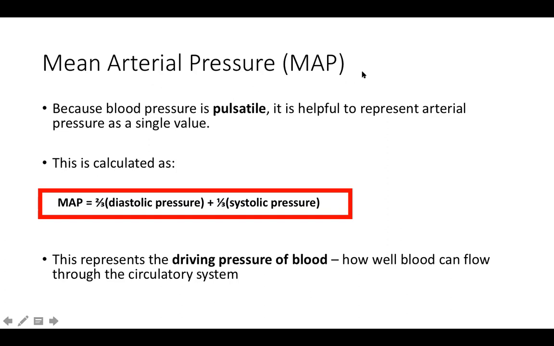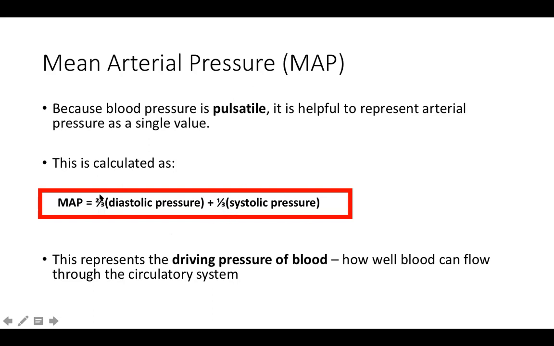So when we talk about blood pressure in this course, from now on, unless I'm getting you to calculate the mean arterial pressure, I'm going to talk about blood pressure as a single value, or I want you to start thinking about it like a single value. And so the way that we calculate mean arterial pressure is we take the diastolic blood pressure and we multiply it by 2/3, and we add it to the systolic blood pressure times 1/3.